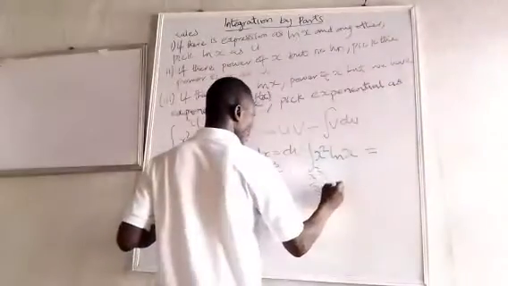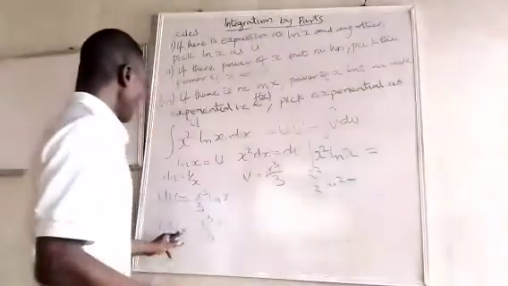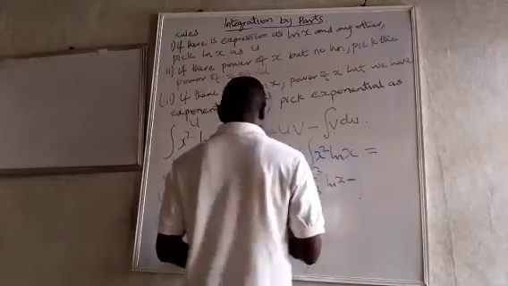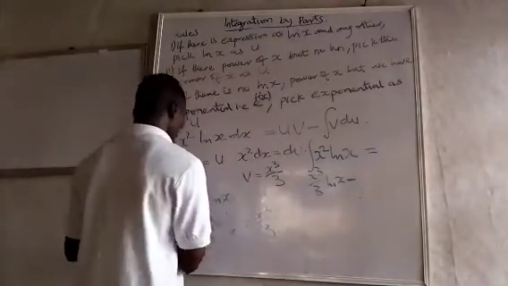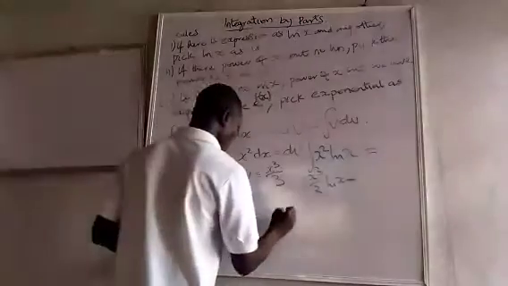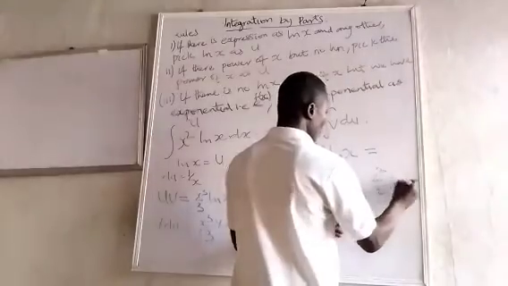Over 3, then x minus, what is v du? X squared over 3, yes.